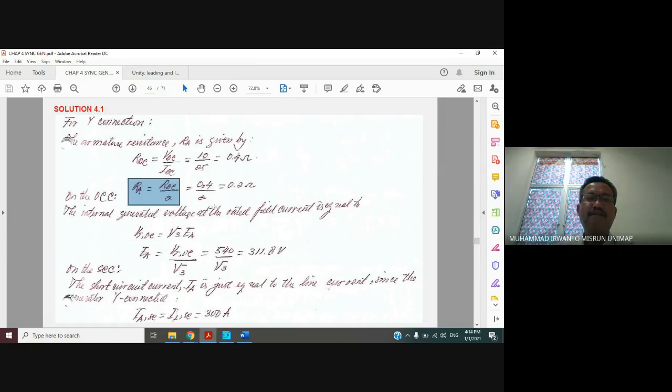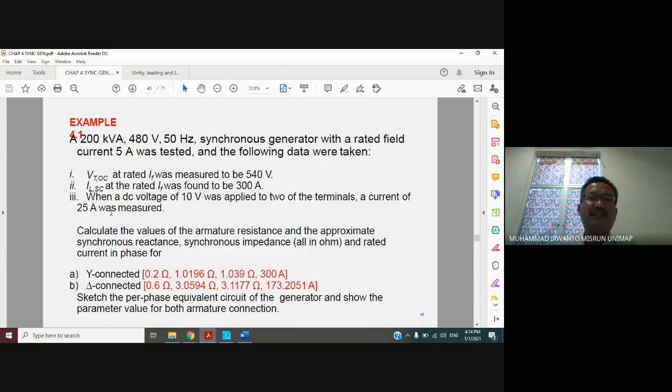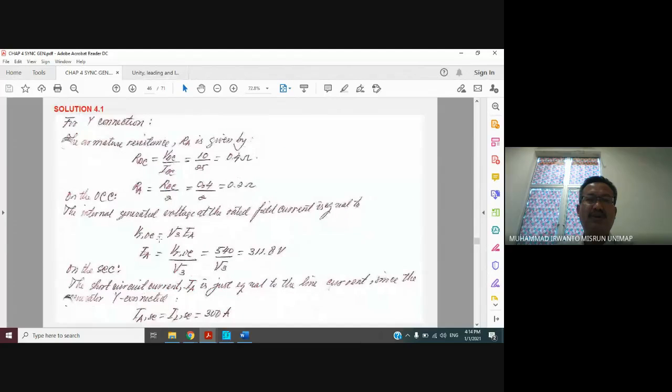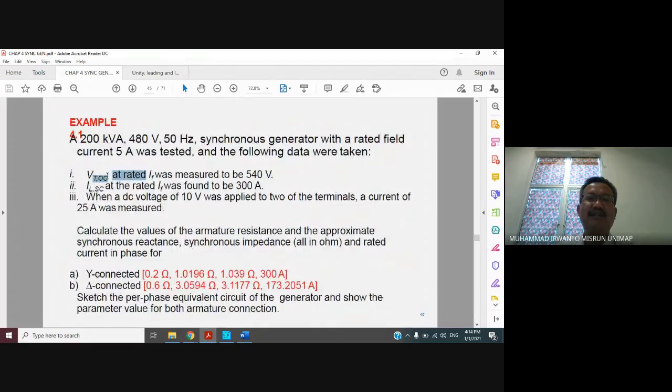Okay, and then from the open circuit, we have the phase voltage, 540 volts. It is not mentioned, meaning here it is the terminal voltage for the Y, line to line.